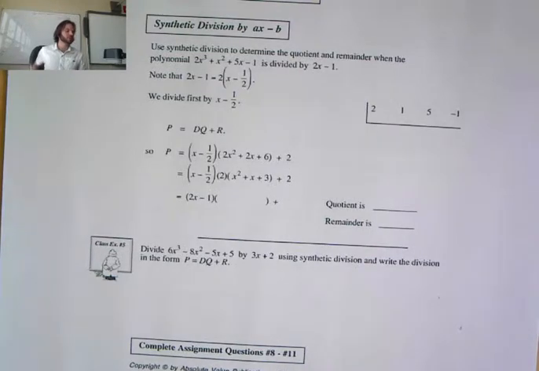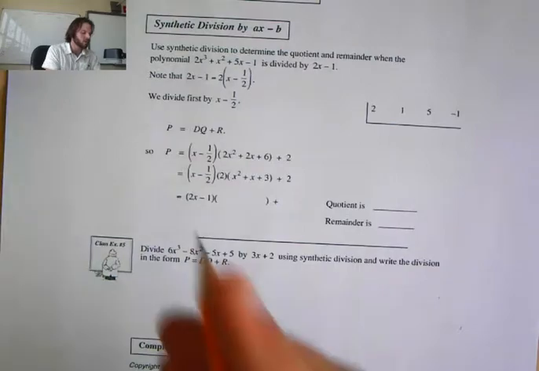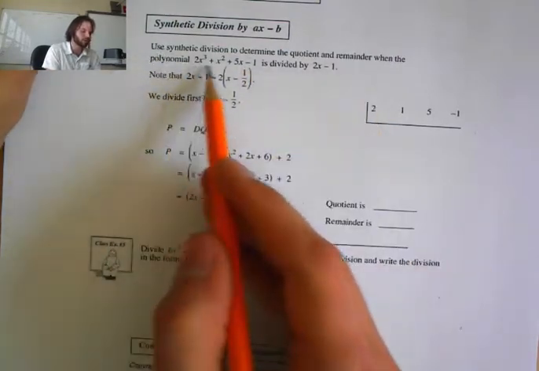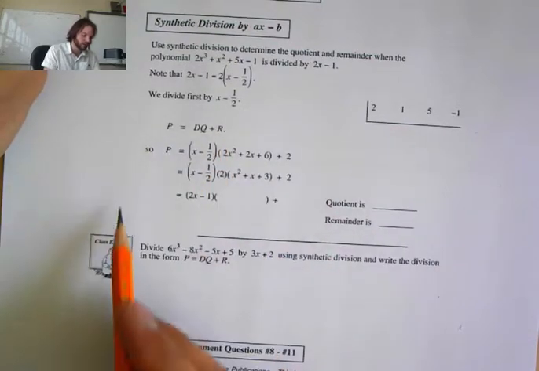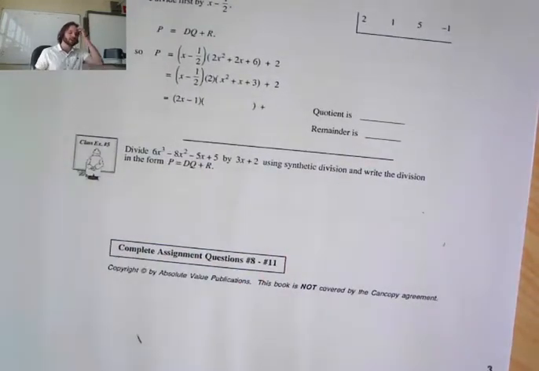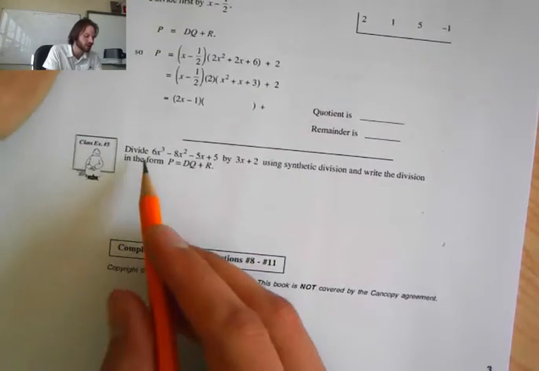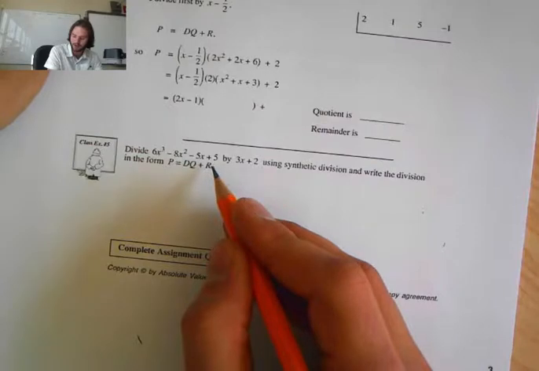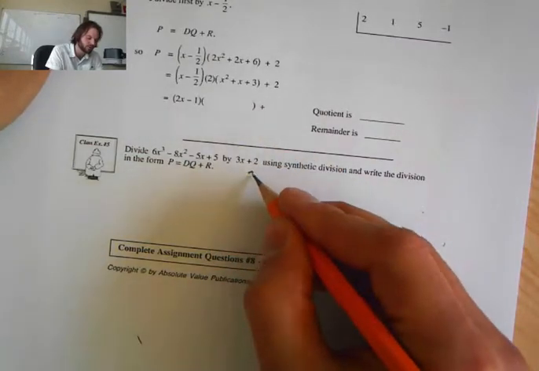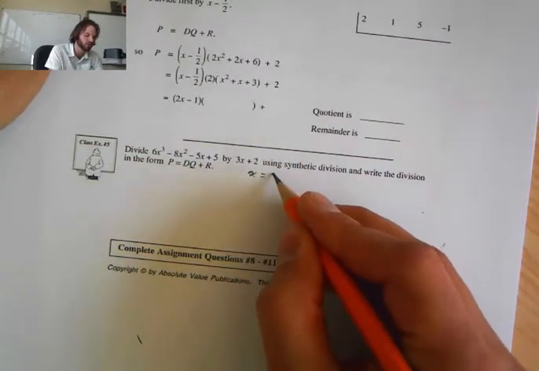All right, so let's take a look at the next synthetic division. It says to find the polynomial of each. Okay, so I'm going to start with example number 5 and solve this for you. It says divide this using synthetic division. So we have 3x plus 2. So remember, we're going to have to solve for x, make it equal to 0, right?